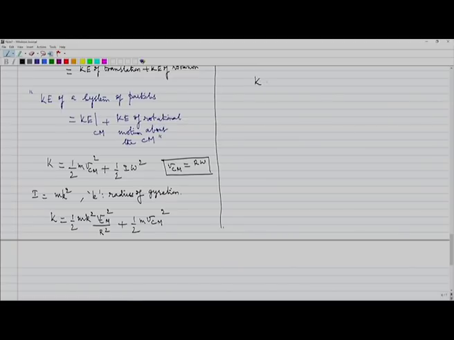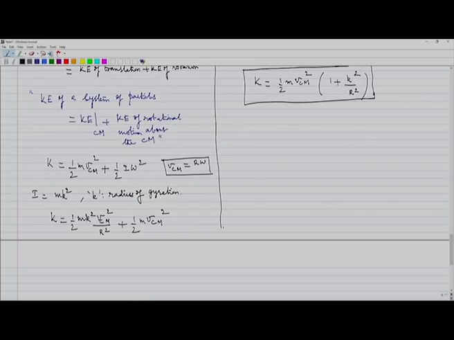Therefore K is equal to half m v cm squared times 1 plus k squared by r squared. This is a very standard formula.